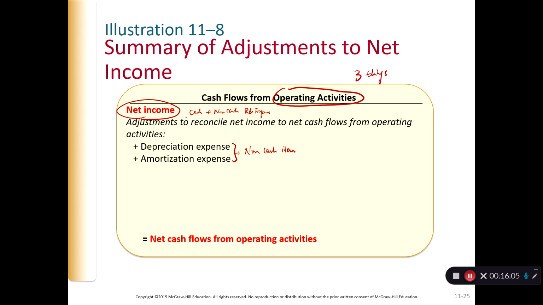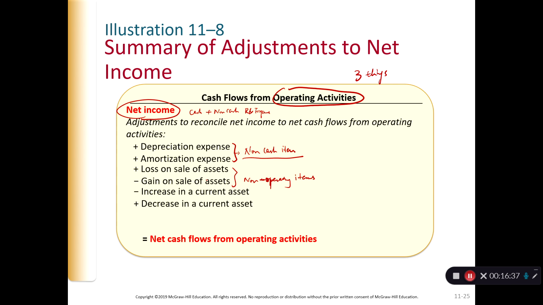So to prepare the operating section of the cash flow statement, you have to pick out the non-cash items. Second, you need to take care of non-operating related items, say loss on sale of assets or gain on sale of assets. They are all non-operating related items.